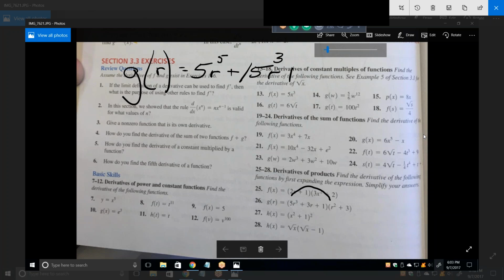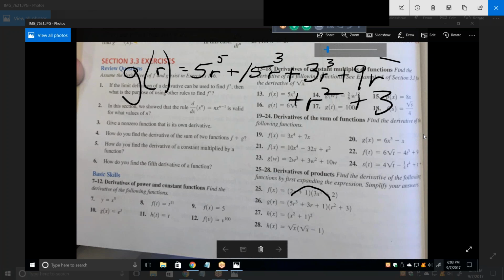Then it would be 3r cubed. Plus 3r cubed. What's next? 9r. What's next? R squared. What's last? 3.